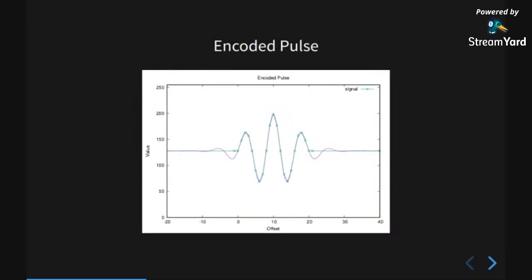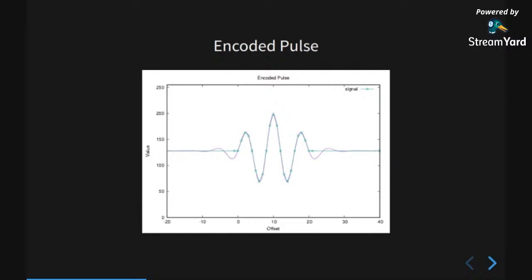And then as encoded, I don't know whether you can see this very well, but the point markers are basically showing how things fit onto the ideal pulse. There's only, I think, eight points for a single wave.